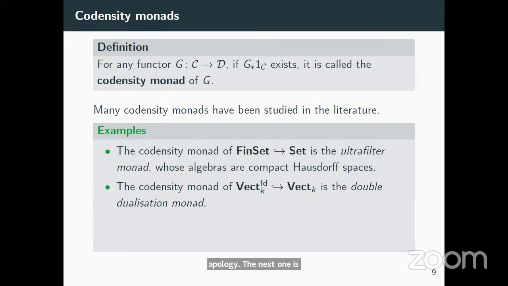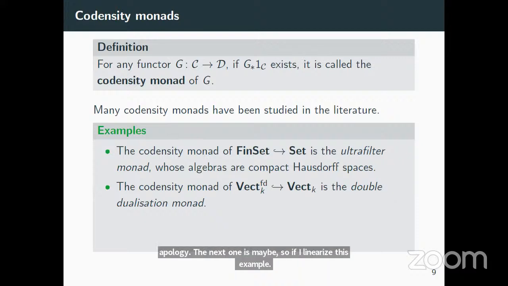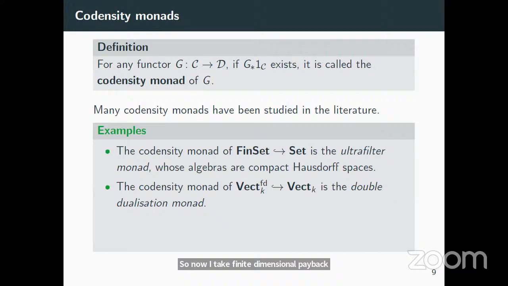The next one is maybe sort of a linearization of this example. So now I take finite dimensional k vector spaces and include that into the category of all k vector spaces. Then the codensity monad of that functor is the double dualization monad, where you send the vector space to its double dual. I didn't write what its algebras are, but they are something that deserves to be called linearly compact vector spaces. So you can start to see the pattern here.